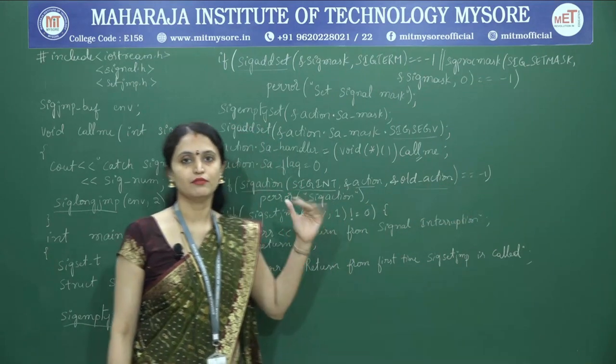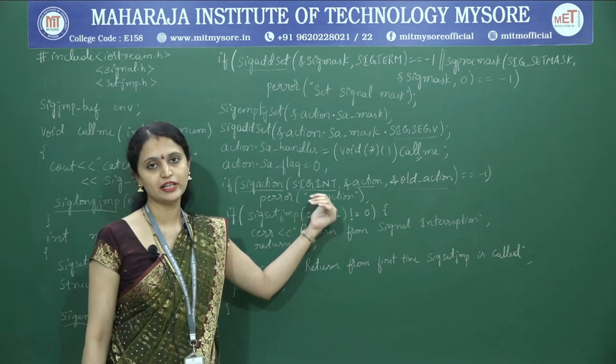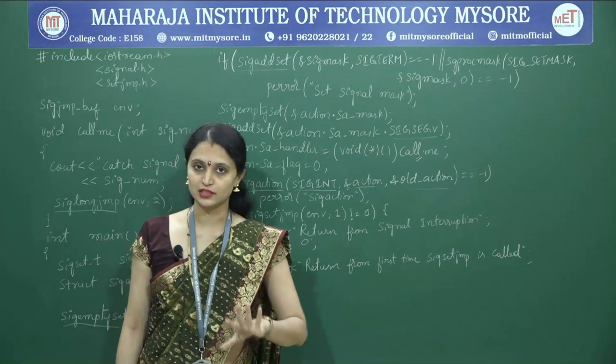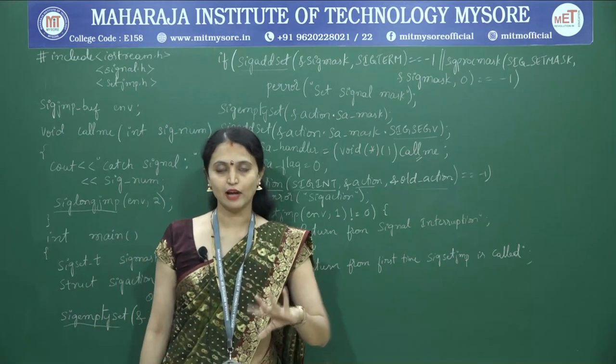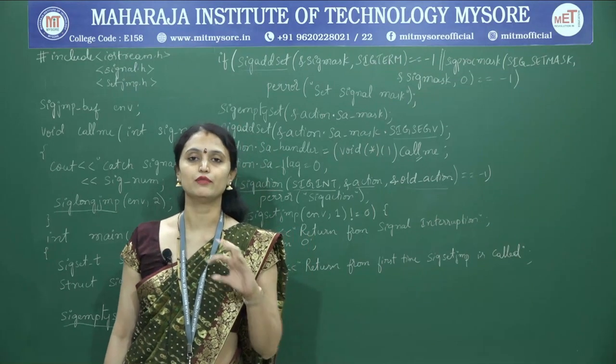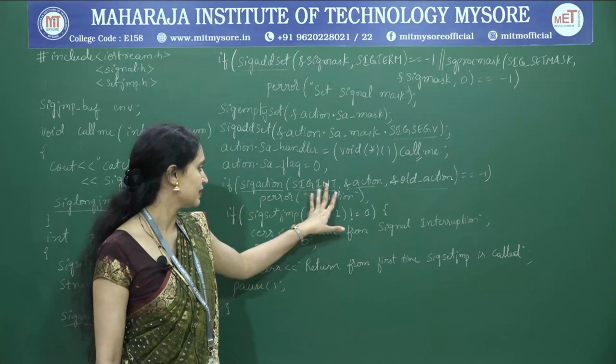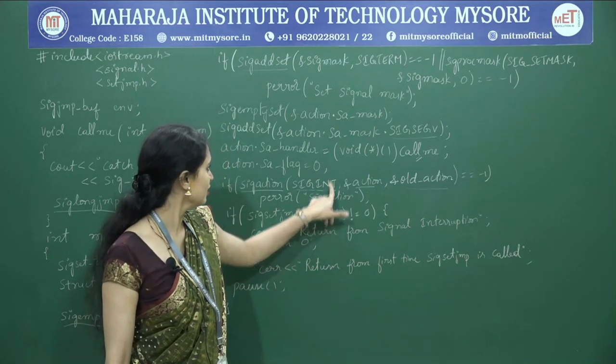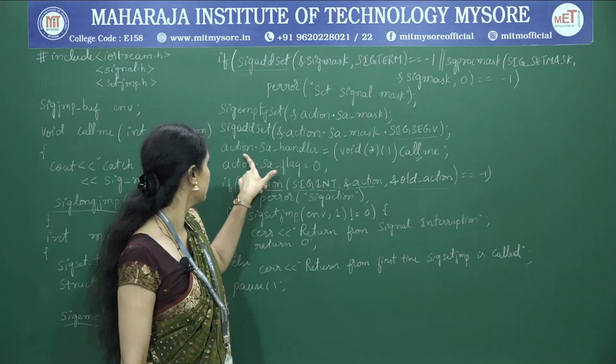In that case, we are printing the error message saying sigaction error. Suppose it is executed successfully, what will happen? We have created a signal handler for the signal SIGINT. How have we created the signal handler? By using this action variable.